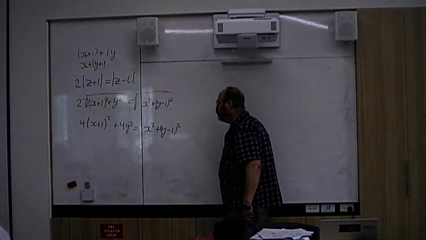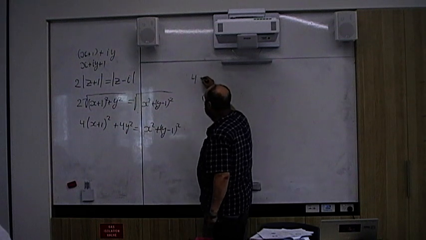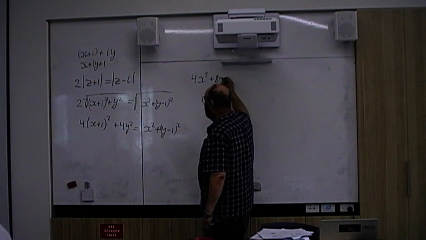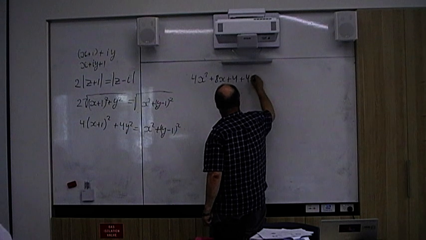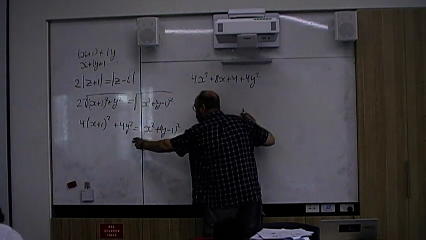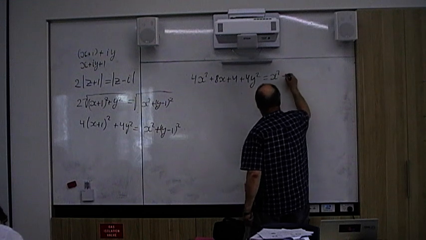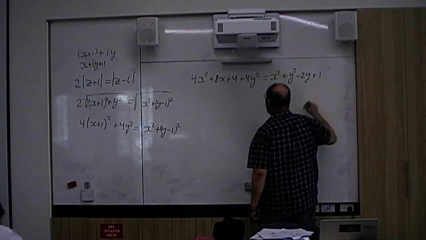Let's expand. We have 4x squared plus 8x plus 4 plus 4y squared; I expanded the left-hand side. The right-hand side is x squared plus y squared minus 2y plus 1.